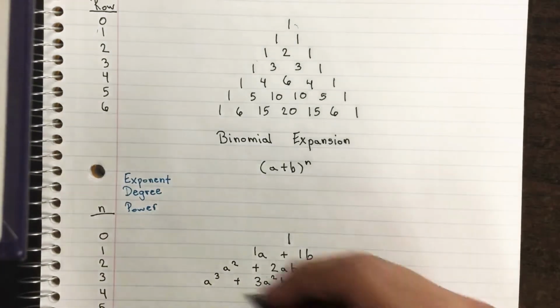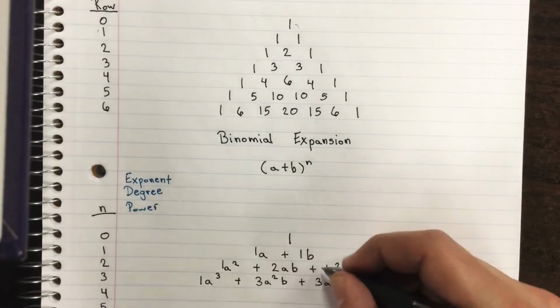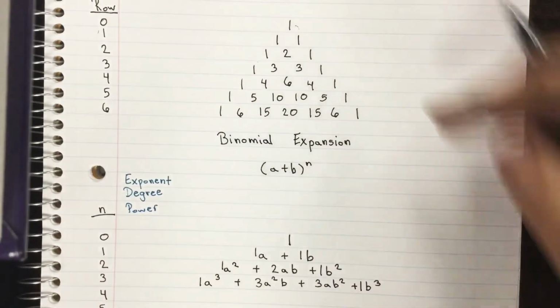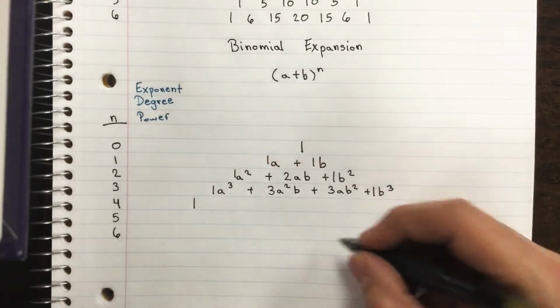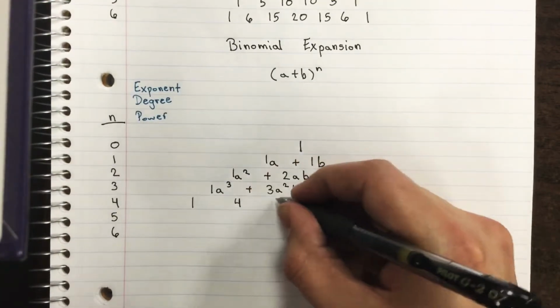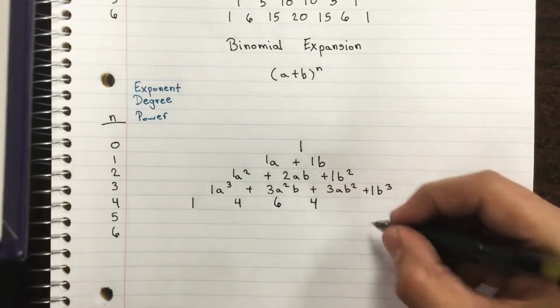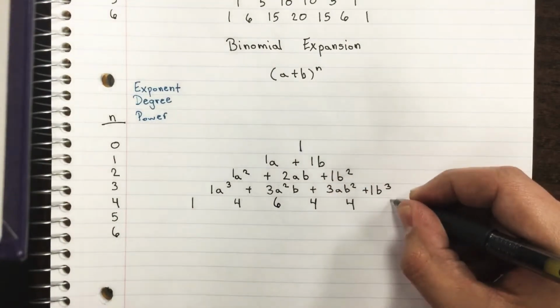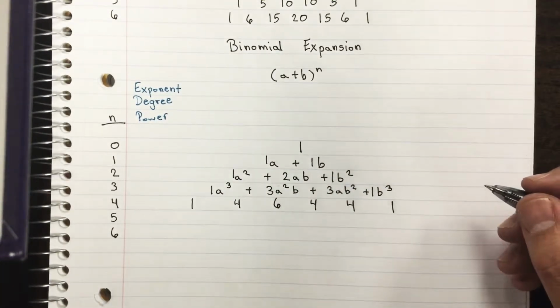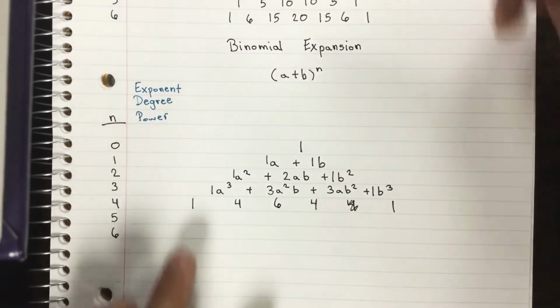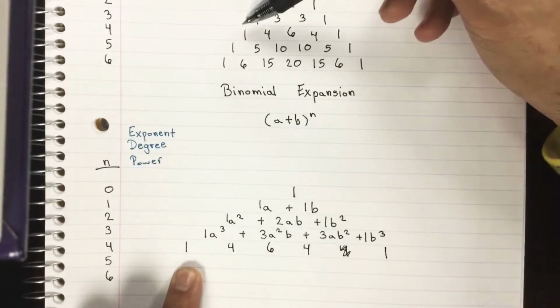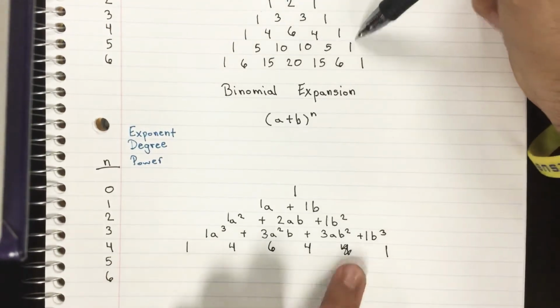So we can see that all of these coefficients, even if I put the ones there, match my Pascal's triangle. So I already know that the next one is going to be 1, 4, 6, 4, 1. It's the same as Pascal's, right?